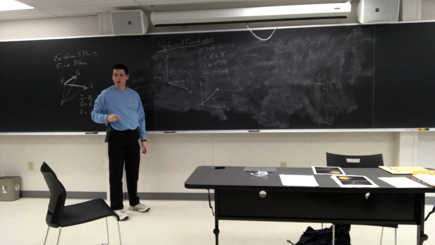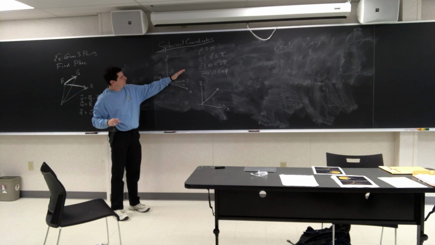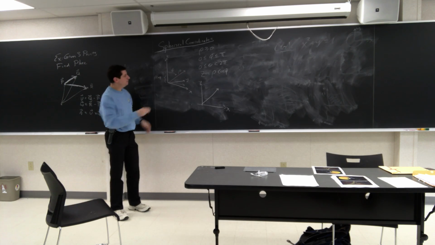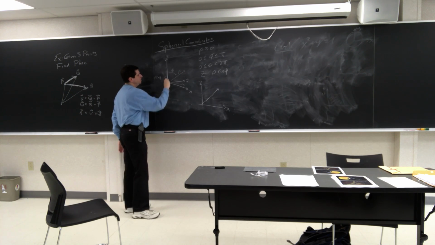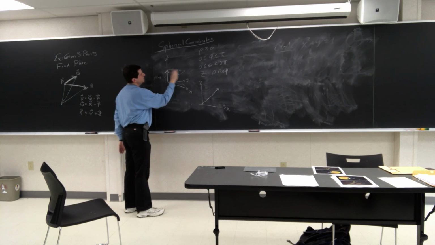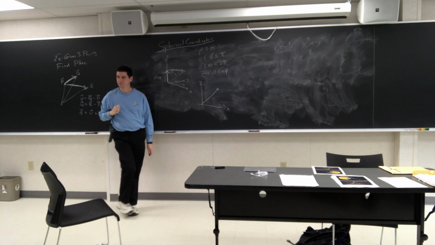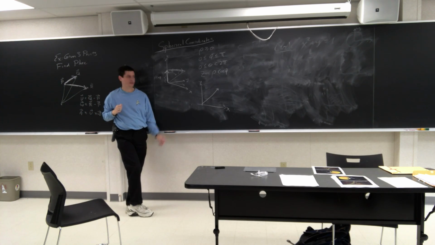Just the length of the vector? Well, remember, I no longer have the full vector. I can write this vector as some part coming up in the z direction, and then some part parallel to the xy plane at that height. So what kind of triangle do I have? I have a right triangle.